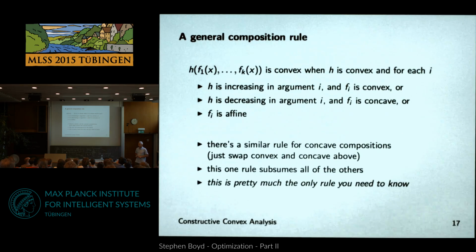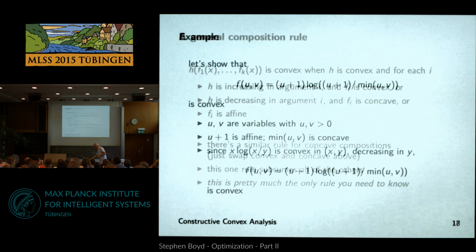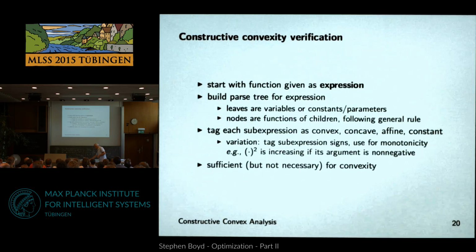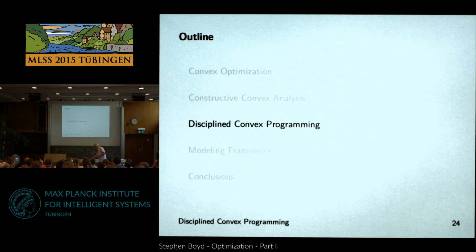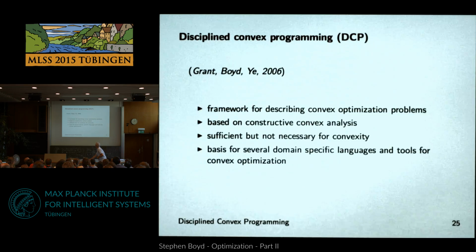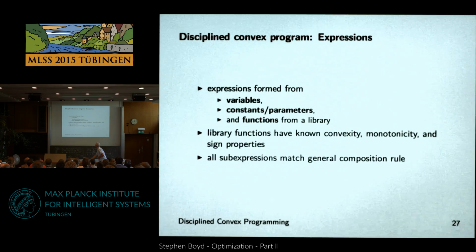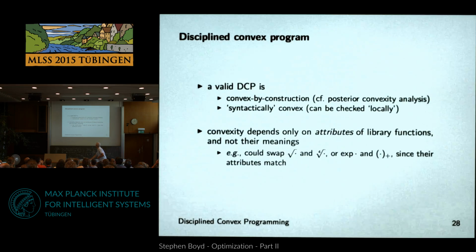Because you simply ask yourself, are you convex or concave? You look up your attributes about monotonicity, and then you query each of your children. Done. So the actual code is much shorter than the slide. What should have been clear is that everything I've been talking about translates into code very, very easily. And beautifully.